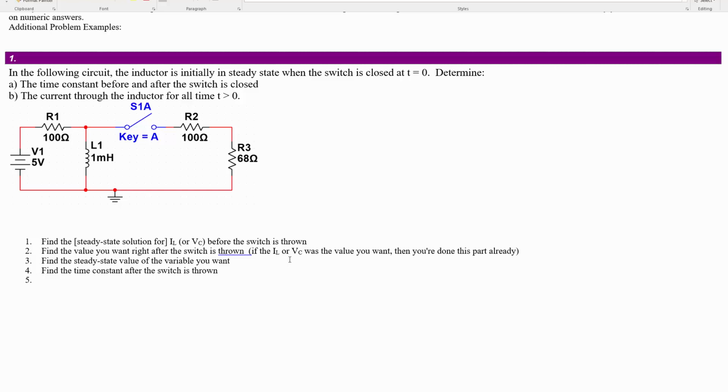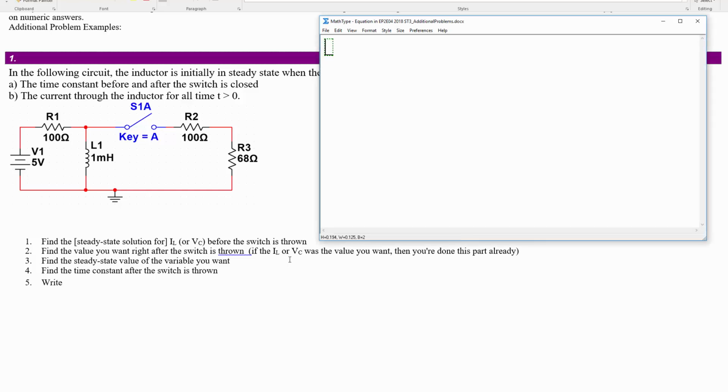And finally, write that for the value you're looking for, x at t is equal to one of these different forms. So something that starts at its initial value and decays away and ends up at the final value after enough time constants have passed.